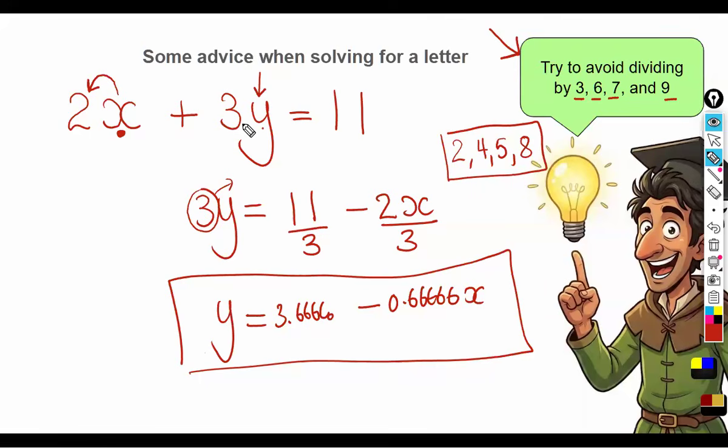But in a case like that, I always choose X, right? So let's move on. That's advice for the whole of maths, from now till you're dead. Whether you go to university, always choose the one with the nicer number, always. All right, let's go. So try to avoid dividing by 3, 6, 7, and 9.